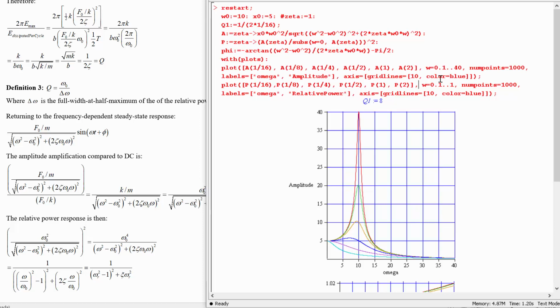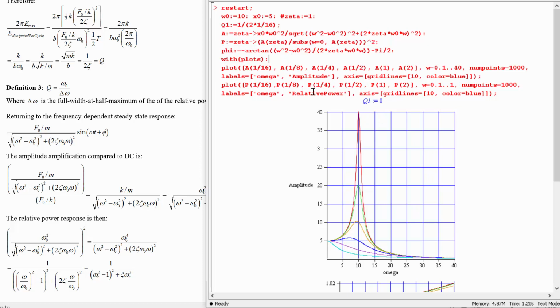And the energy goes with velocity squared or with displacement squared. So amplitude itself, I shouldn't say, is proportional to power. Amplitude squared is proportional to power. And that's why we square this here. So we take the relative power compared to low frequency by taking the amplitude at some point compared to the amplitude at low frequency and squaring it. That's how you get this thing.